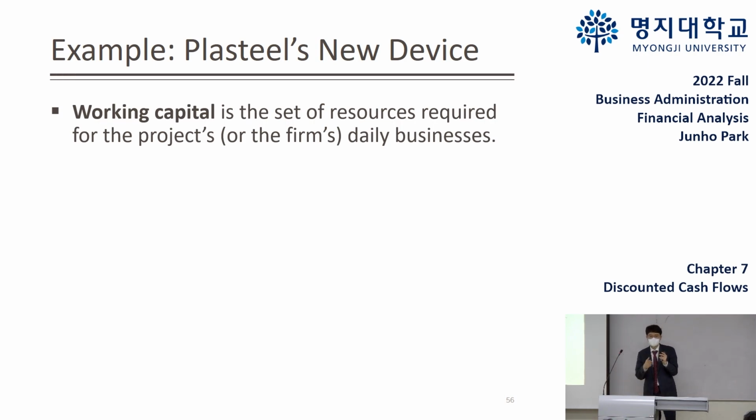For example, I need to prepare some bills and coins because some will use cash instead of credit cards. So I have to maintain a certain level of money in my store. And therefore, I cannot use them because I have to be prepared for the customers, and that will be the working capital for the convenience store.